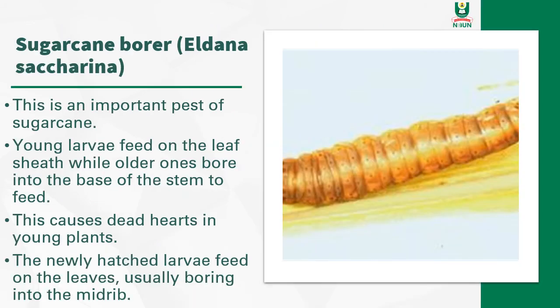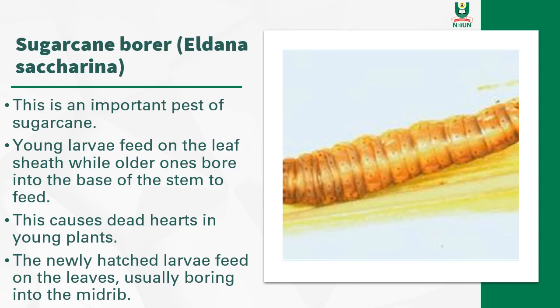The sugarcane borer is next. This is what it looks like. It's an important pest of sugarcane, and the larva is the one that is the most destructive. They feed on the leaf sheath, while the older ones bore into the stem to feed at the base of the stem. So they eat the heart of the plant and cause the young plant to die.